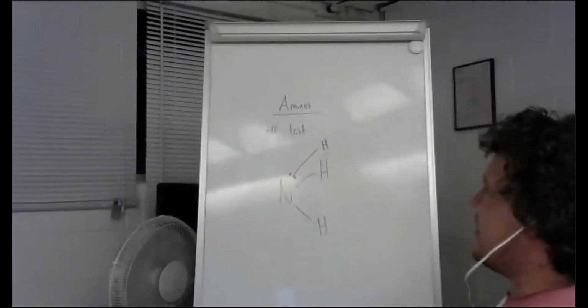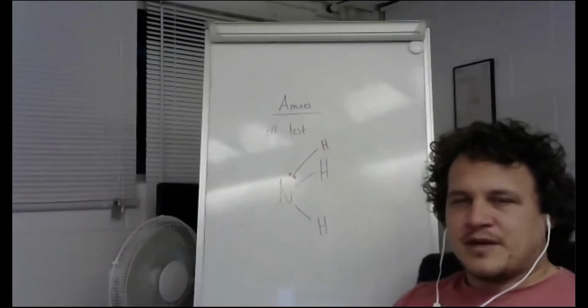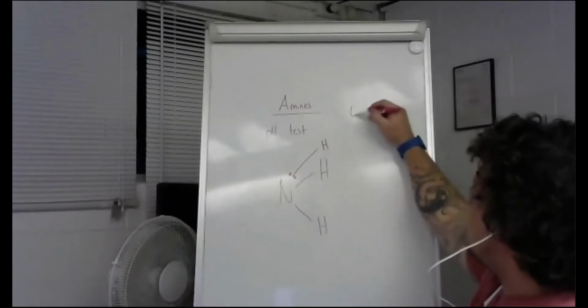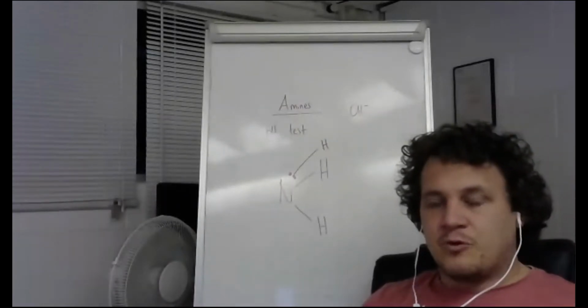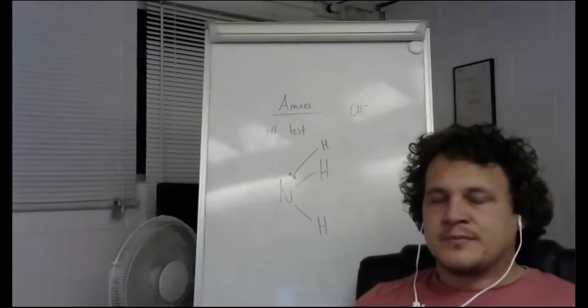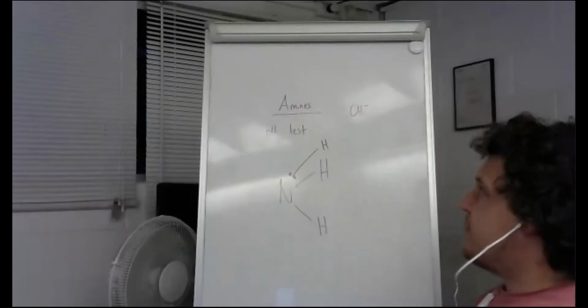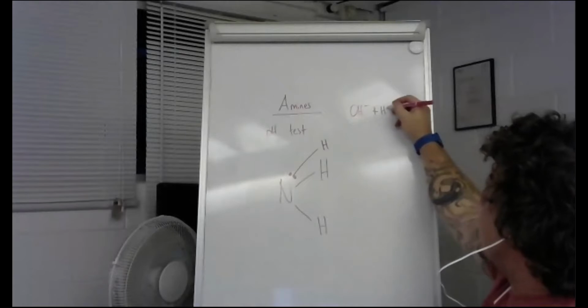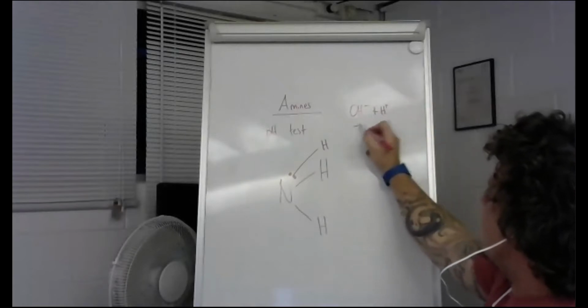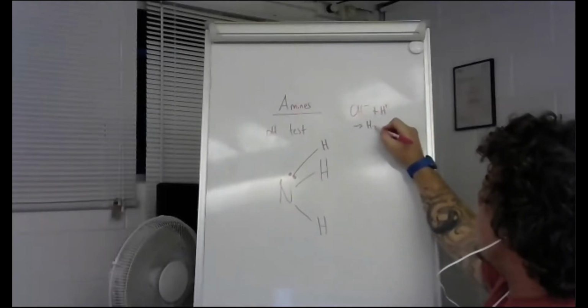Now, everything you learn about acids in term 1 said that bases are OH minus, which is almost always true. But a base is a base because it can accept H+ to become something else.